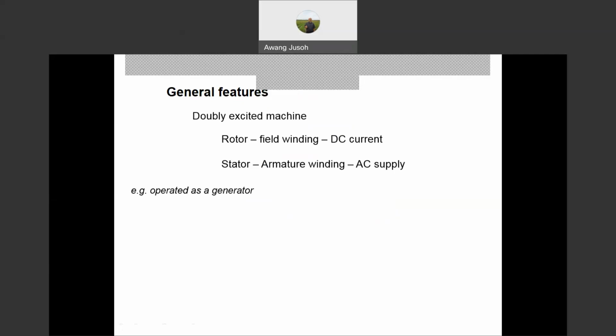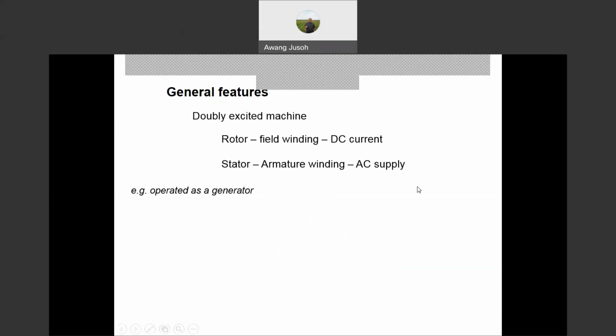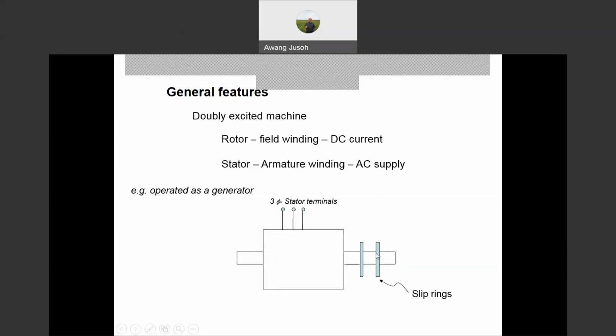First, we take the synchronous generator as an example. You can see here the construction of the synchronous generator. Here we have the machine with the stator terminal, where the three-phase voltage comes out, depending on whether it's a generator or a motor.